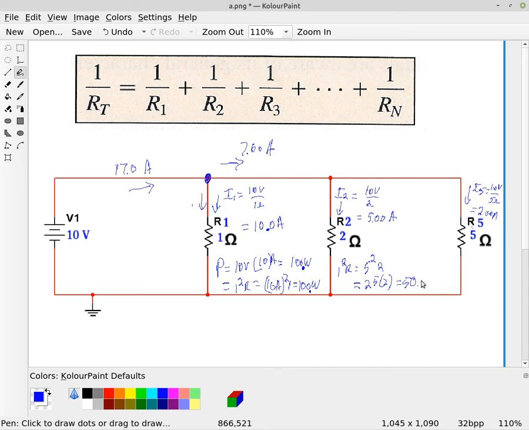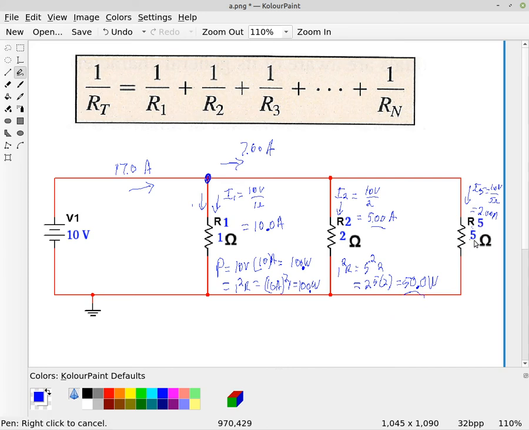So it'd be 50.0 watts. So this resistor R2 is twice the size of the resistor R1. It has the same voltage but only half the current, and so therefore it's using half the wattage.